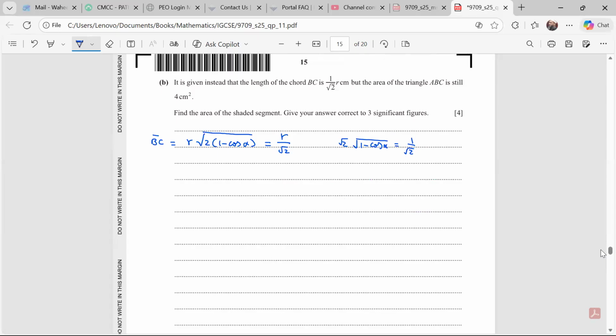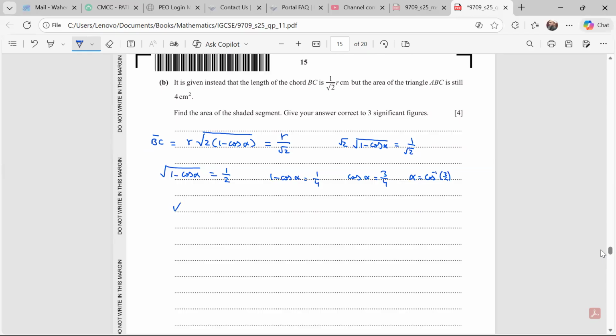So 1 minus cos alpha under the root would be equal to 1 over 2. If I make square, 1 minus cos alpha is 1 by 4. And cos alpha would be 1 minus 1 by 4, so this is 3 by 4. So from here, I calculate alpha is cos inverse 3 by 4.